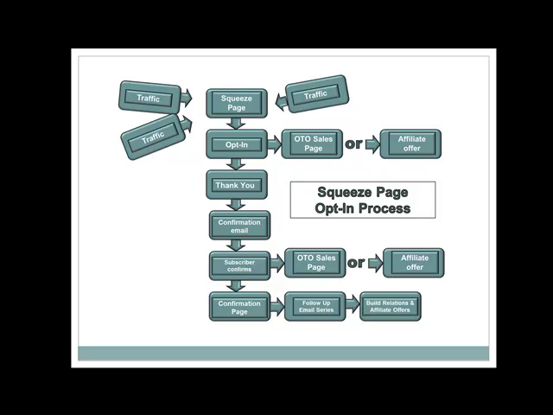So basically, the traffic sends people to a squeeze page. They opt in, and you have two directions you can go. You could take people after they opt in straight to a thank you page, saying thank you for signing up. Make sure you click on the confirmation email. Once they confirm, it takes them off to a confirmation page where they're hit with the follow-up email series.